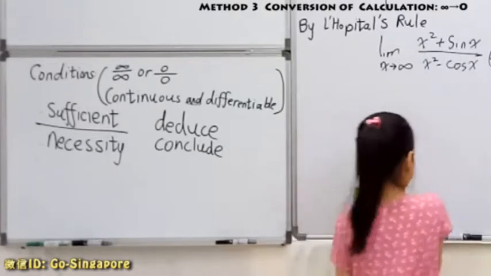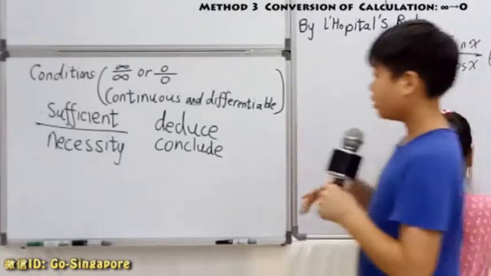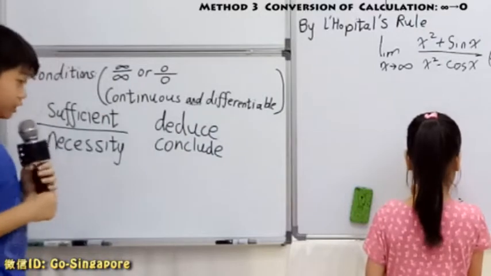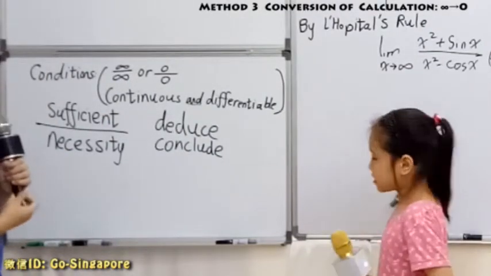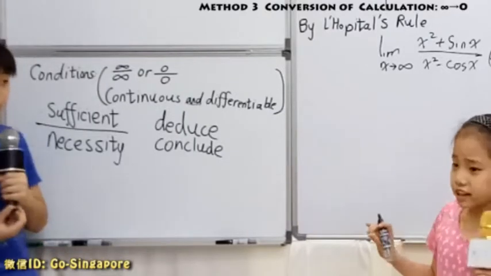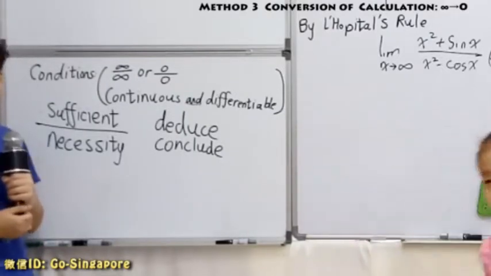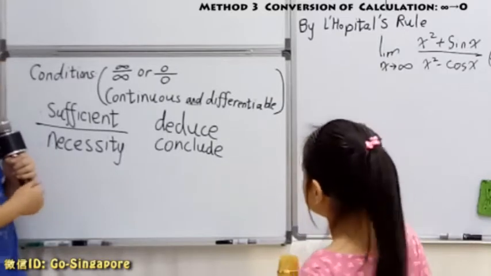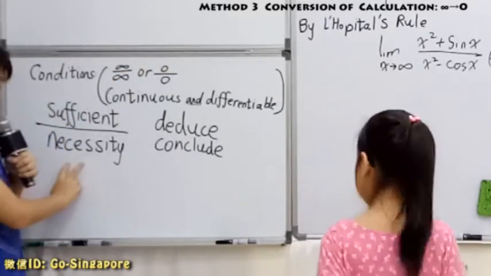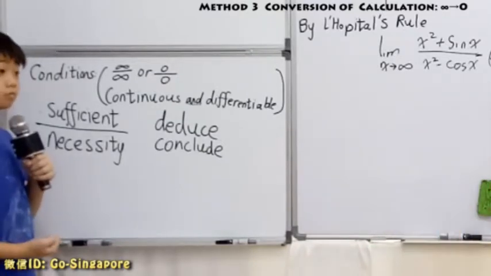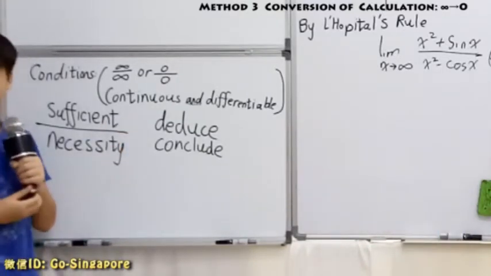So for this case, what is it actually? Is it sufficient or is it necessary? It is definitely not sufficient. So these conditions of L'Hopital's rule are necessary, not just sufficient, right?